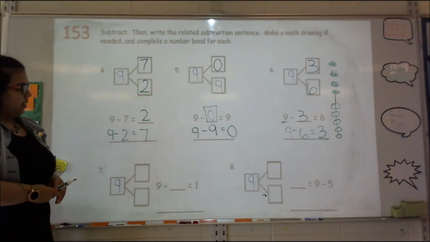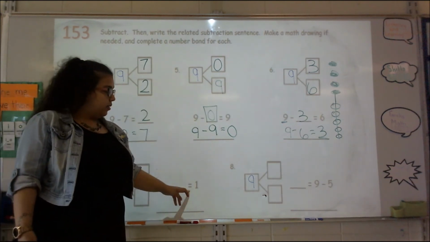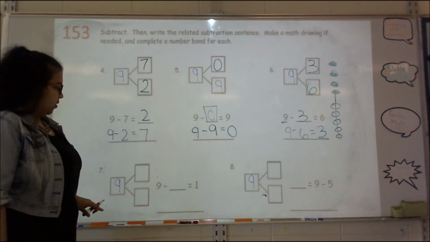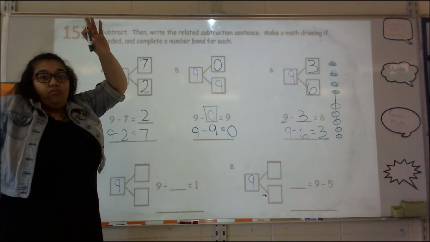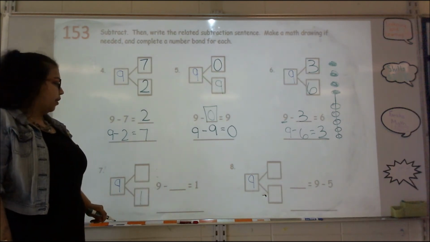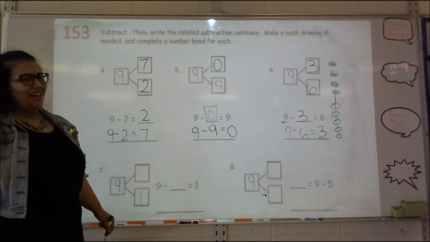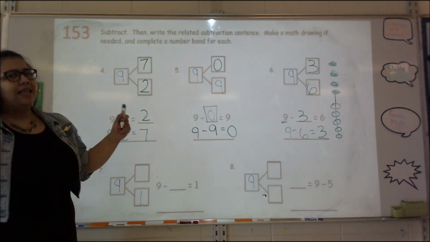This time we have 9 minus blank is equal to 1. Let's fill in what we know. 9 minus blank is equal to 1. We know that 1 is a part. Hey, what's 1 less than 9? We've done this before. What is 1 less than 9?